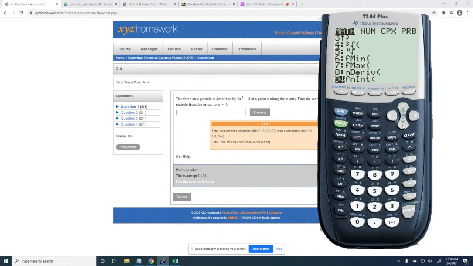I want to scroll down to the function integration. I must put in my function, which is 7x to the third power minus 3, comma, every integral must have a variable of integration. Our variable of integration is x. Our limits of integration are from 0 to 5.